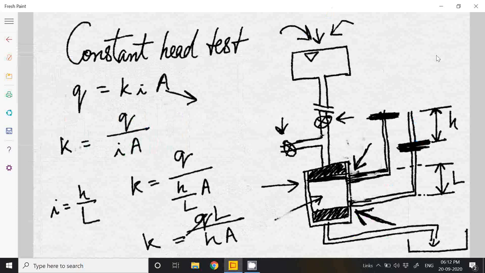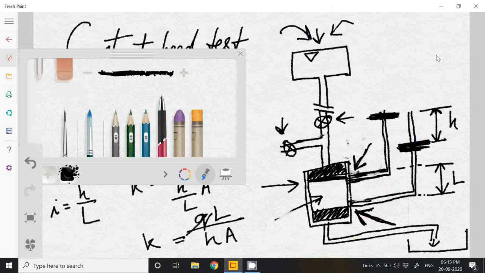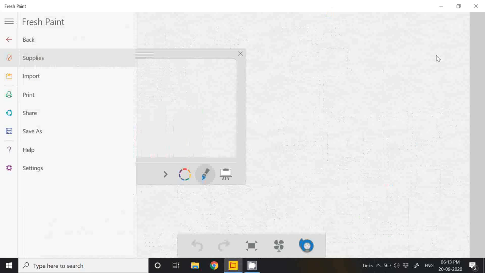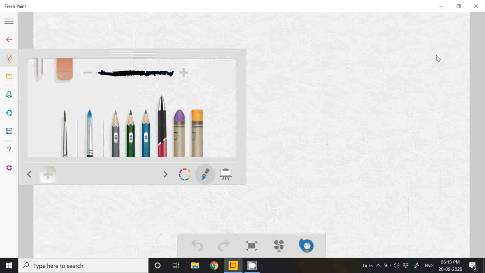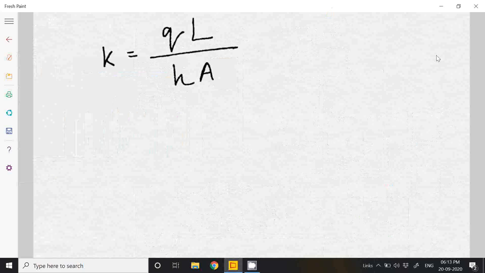K is equal to Q L by H A, you can write. Now let me take a new screen. So K is equal to Q L by H A, isn't it?